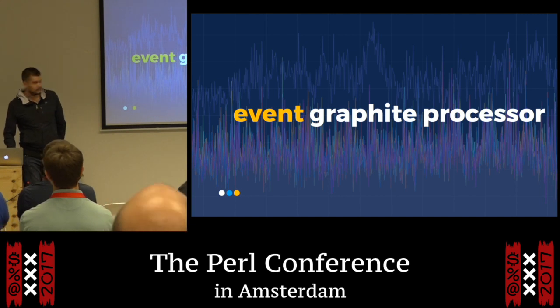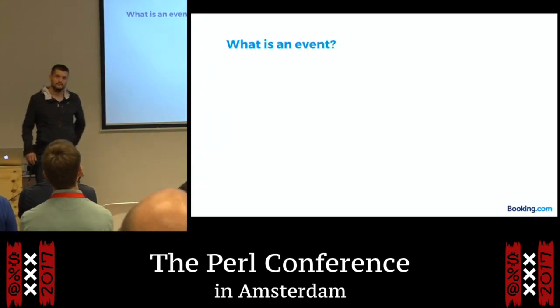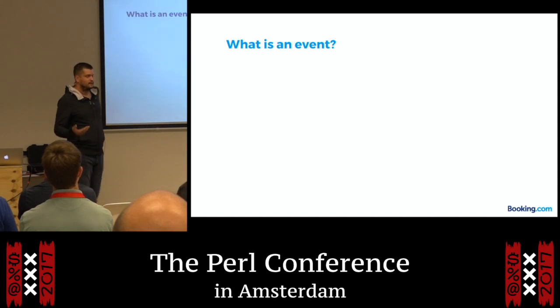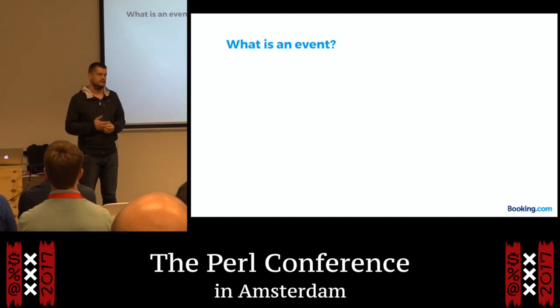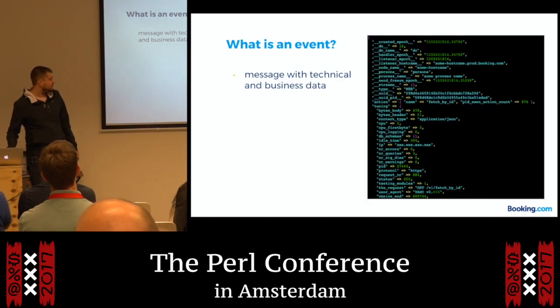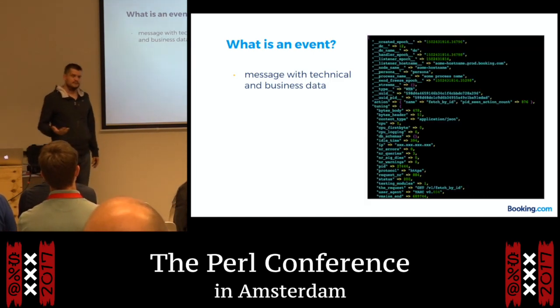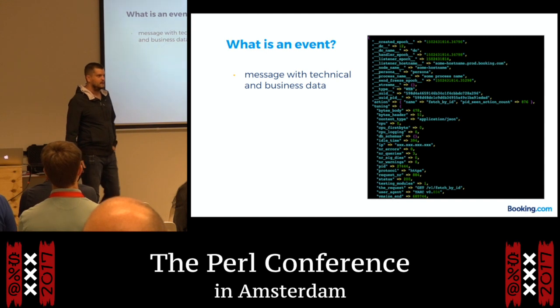And I want to start my talk with letting you know what an event actually is. An event for Booking.com is probably one of the most valuable sources of data which you have, because lots of things are built on top of a stream of events. So what is an event? It's basically just a message with some technical and business data.